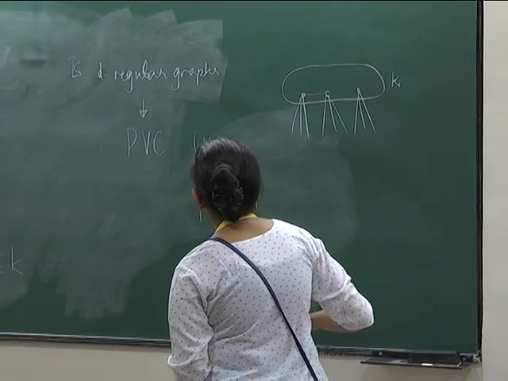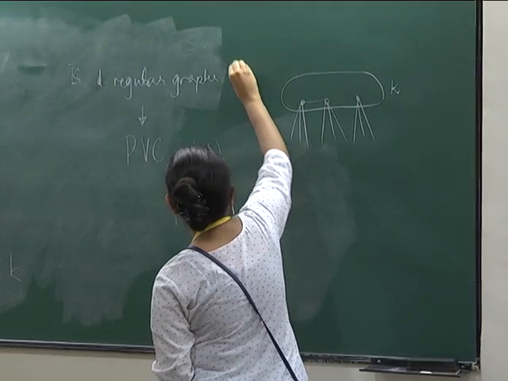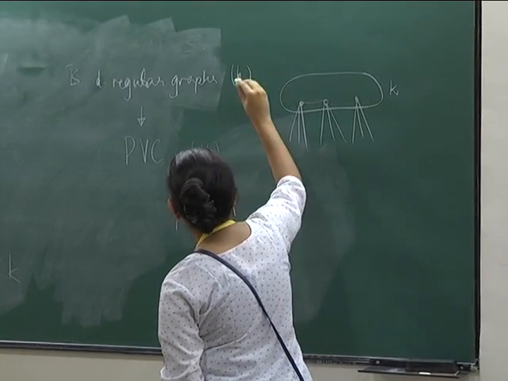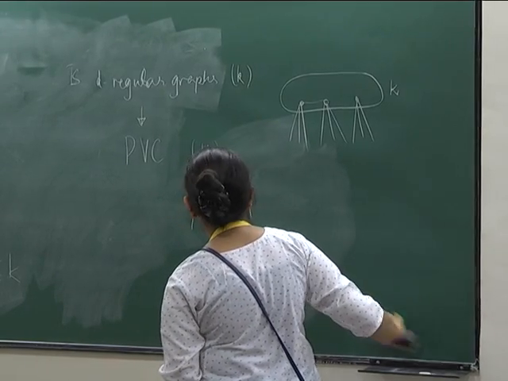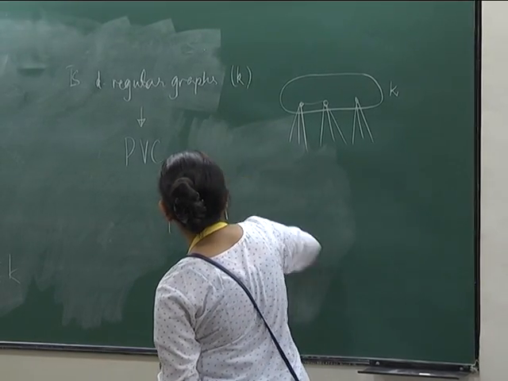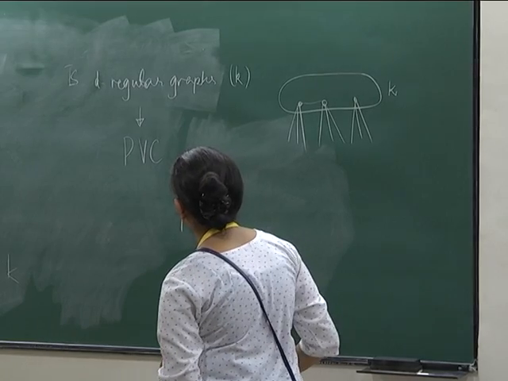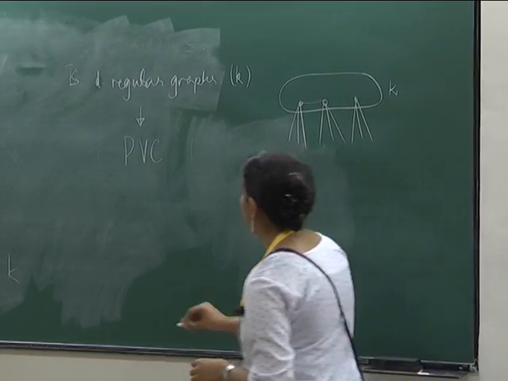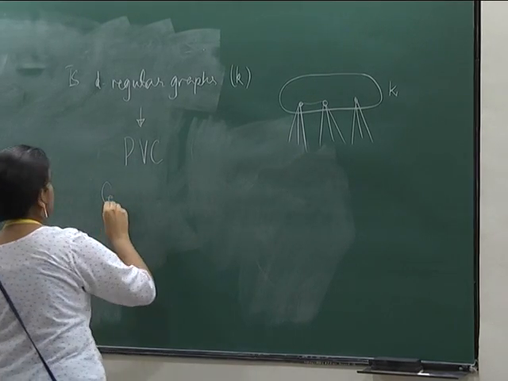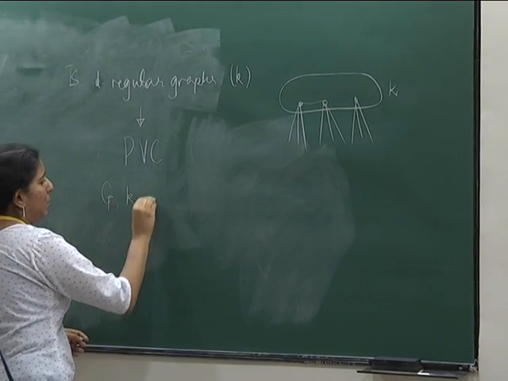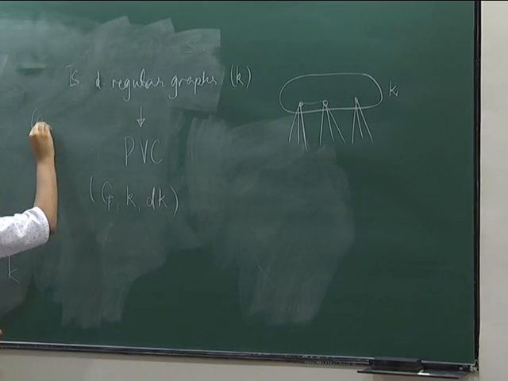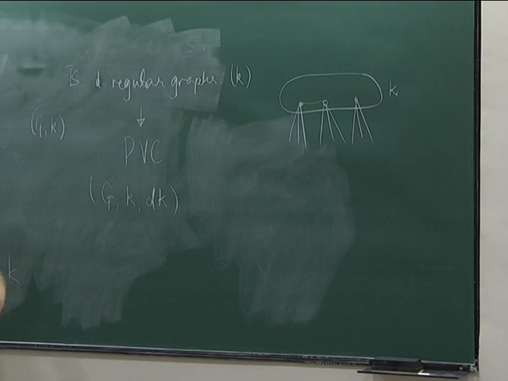The k in the independent set goes to... no, it remains k. So you get a partial vertex cover instance G, k, d times k, starting from an independent set instance G, k.